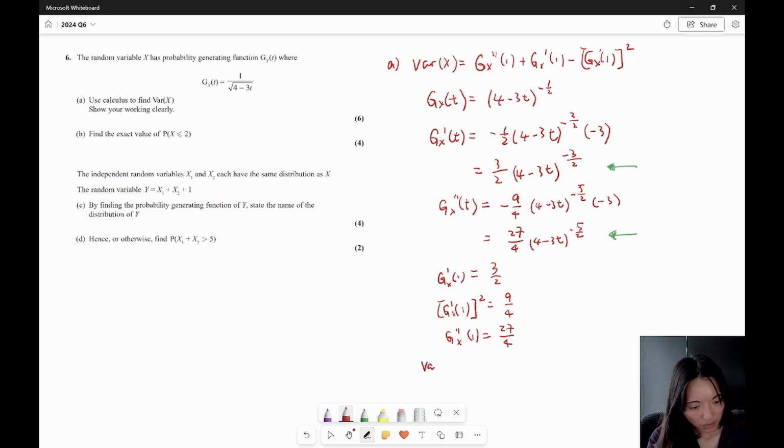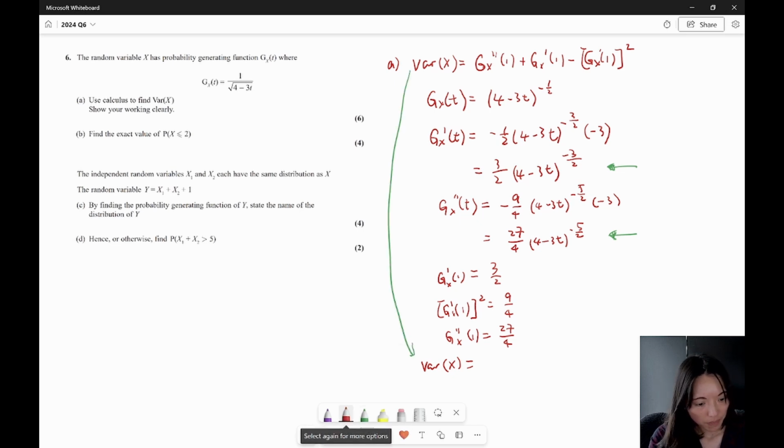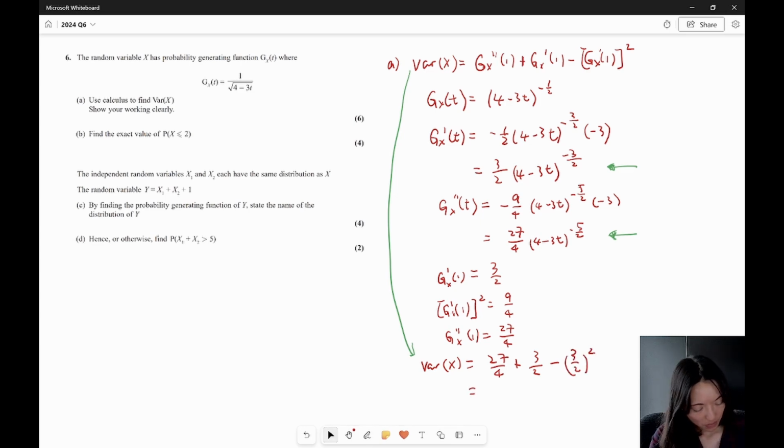Therefore, our variance of x using this formula is g double prime of 1, so that's 27 over 4, plus g prime of 1, that should be a plus, minus 3 over 2 squared. That gives me 6. So that's the variance of x. And that's our part A.